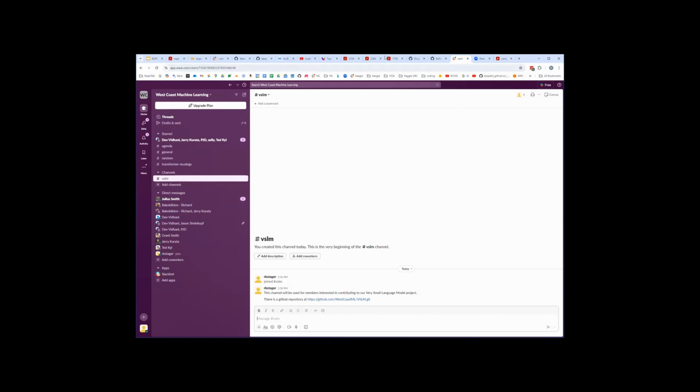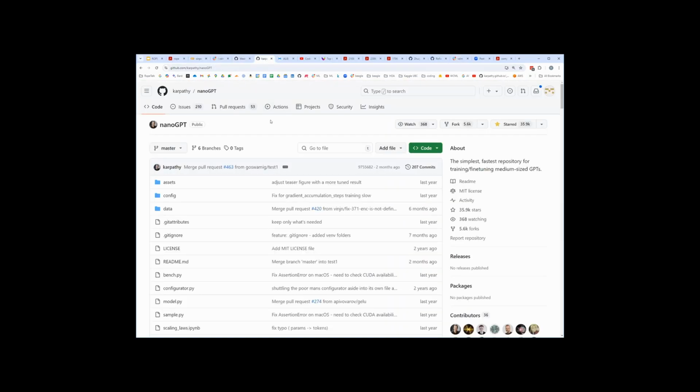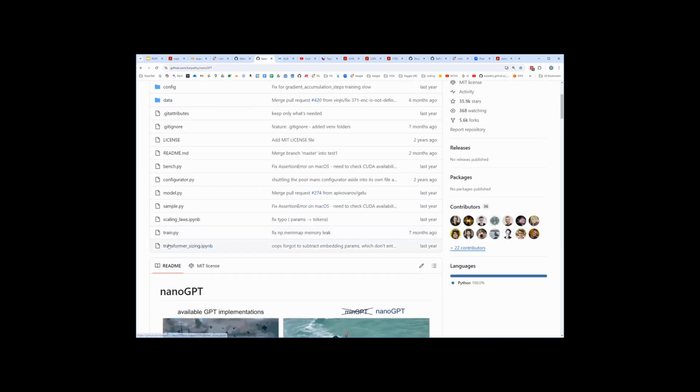And part of the repository, where did the repository go? Here is the repository for Karpathy's posting of NanoGPT. It's really fascinating seeing him walk through the evolution of this thing. But it's basically this simple.